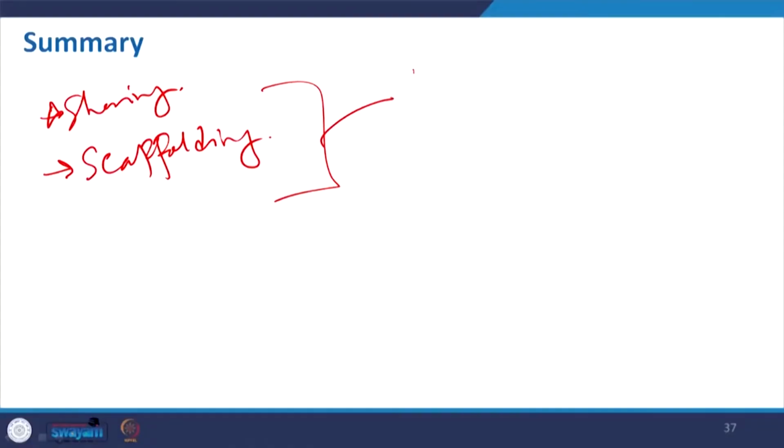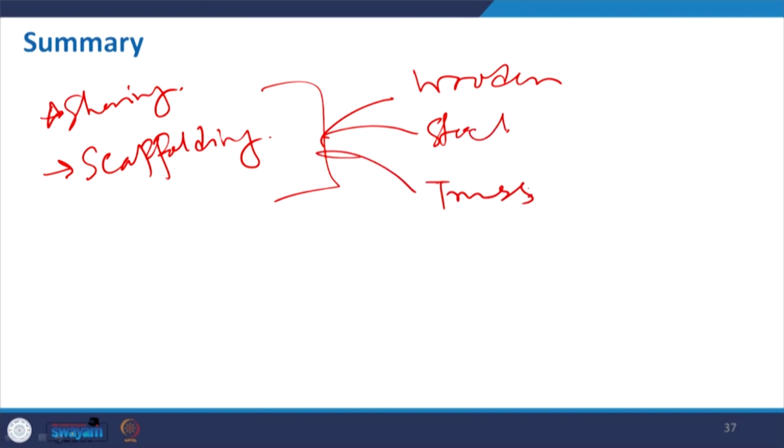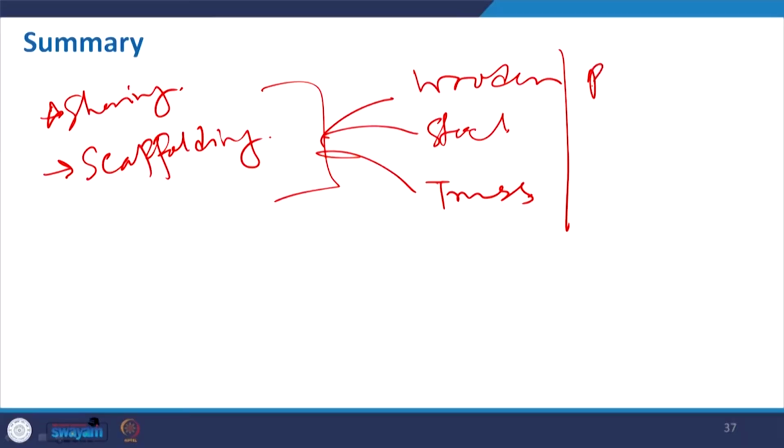In both cases it may be made of wood, it may be made of steel, or sometimes it may be made of truss instead of a single tube or something like that. And the tying up may be with rope or with some coupler. So, depending on the structure, depending on the scale of the construction and all, available resources will decide that.